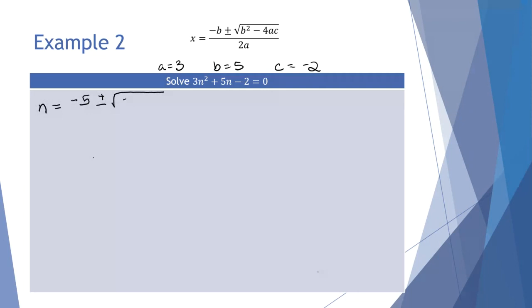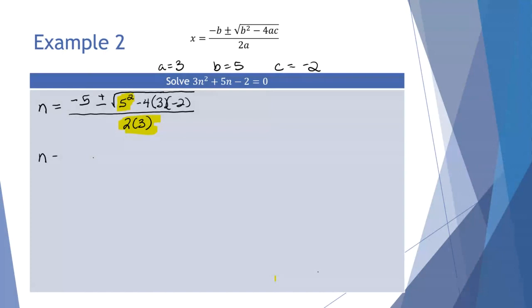B squared, so b is 5, so that's 5 squared, minus 4 times a, which is 3, and c, which is negative 2, and then 2 times a, so that's 2 times 3. So to simplify this first, I'm going to do the exponent, and then I can also do my division or my multiplication in the denominator.